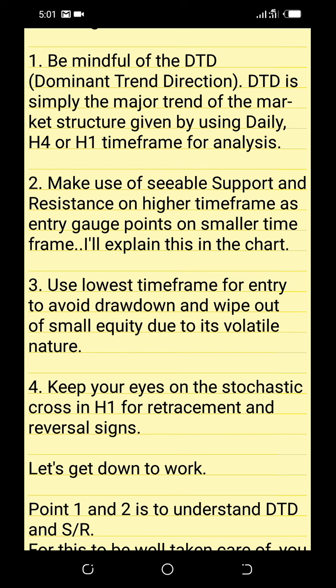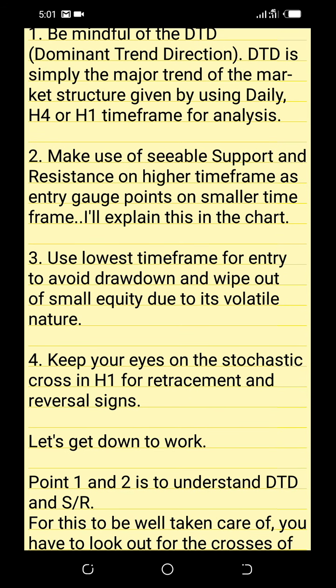I'll explain this in the chart. Support and resistance are not out of the equation. We also have invisible support and resistance, but you use the visible, the one you can see. I'm going to show you how you do all of that.